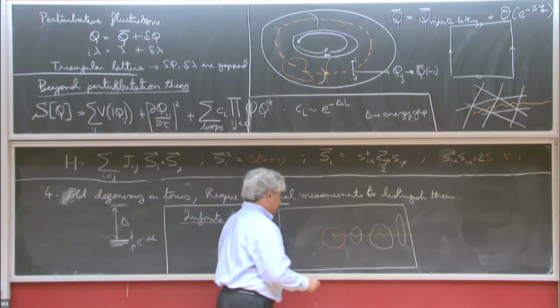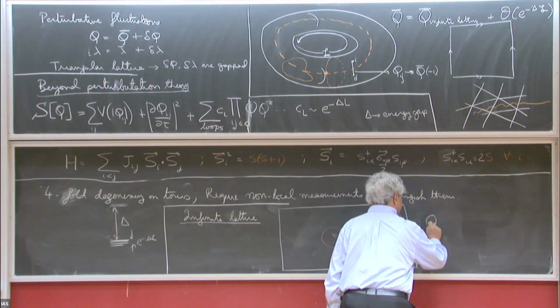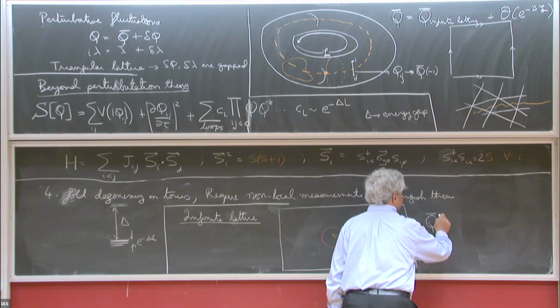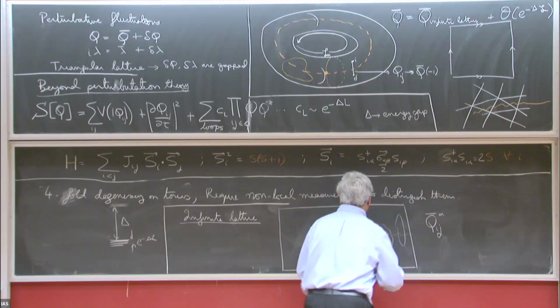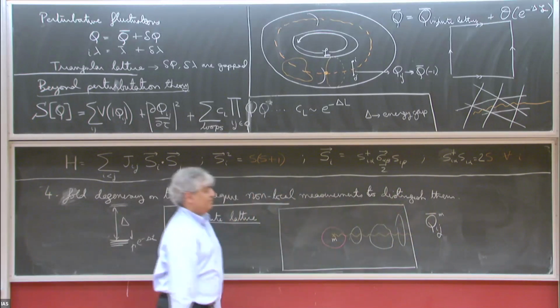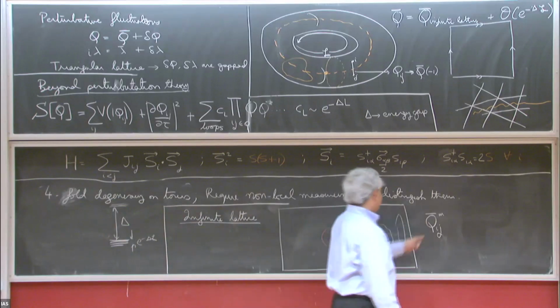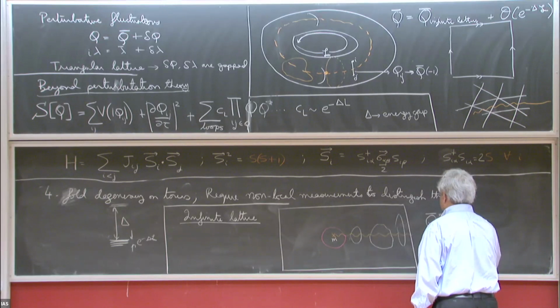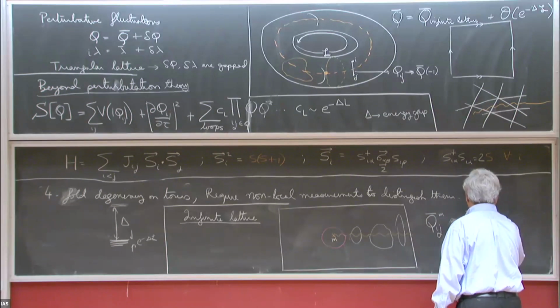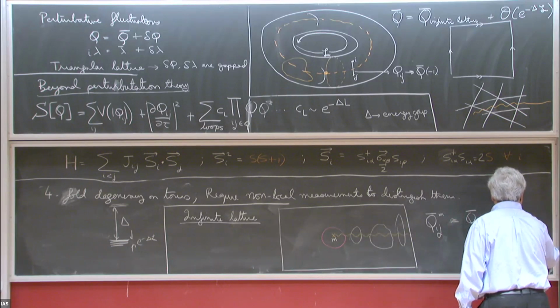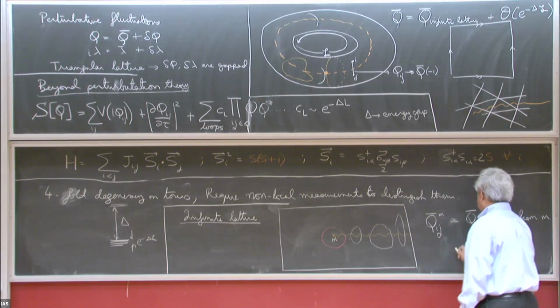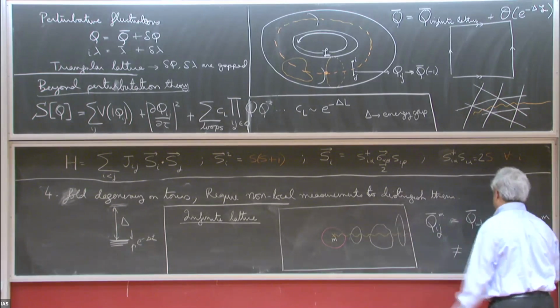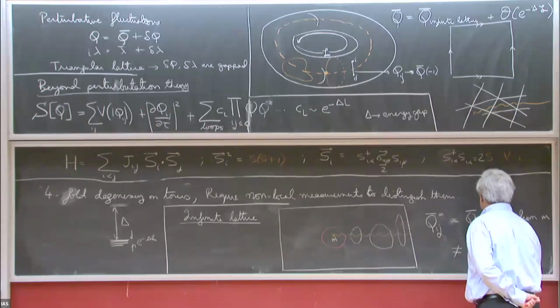So what you're going to find is that your Q bar ij, and let me call it Q bar M, meaning I'll call this point M, this is going to be a particle called the M particle. So Q bar ij in the presence of an end will be approximately equal to the Q bar that we found in the infinite lattice far from M. But it's not exactly equal to this; it's going to take some set of values that you have to figure out on a computer.